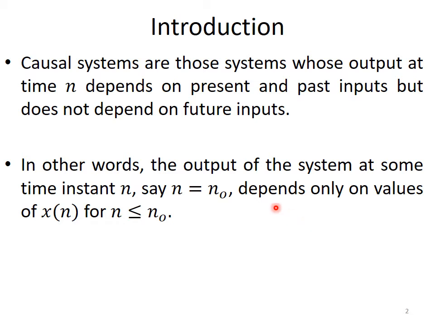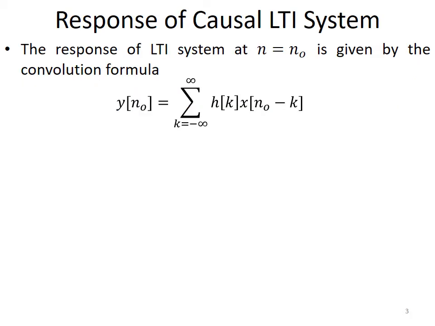In other words, the output of the system at some time instant n, for example n equal to n naught, depends on the values of x of n for n less than or equal to n naught. So this is what the causal system is.